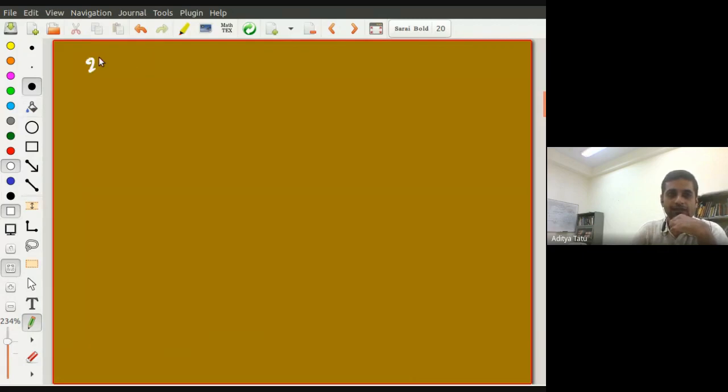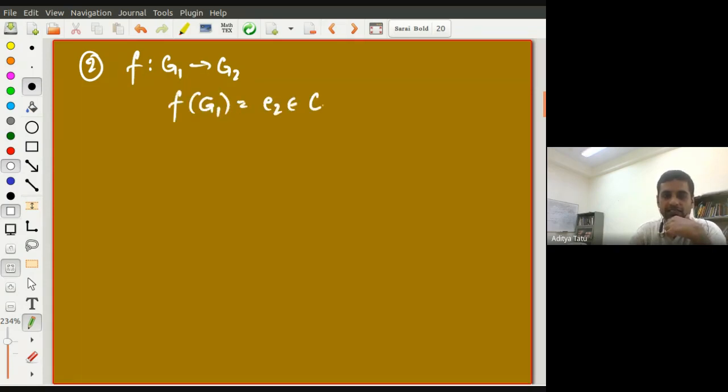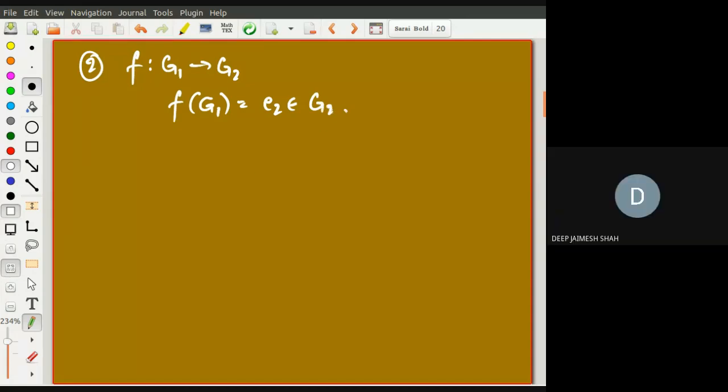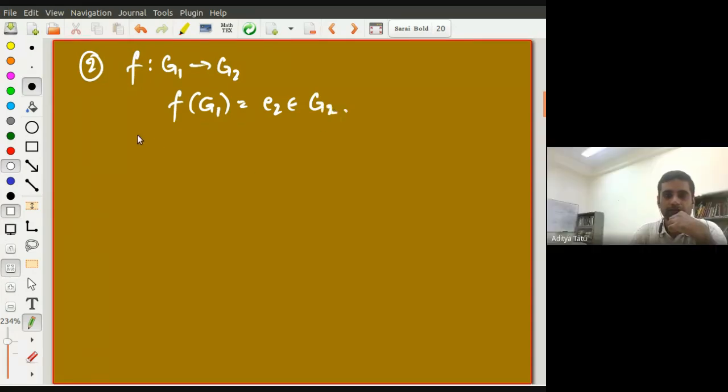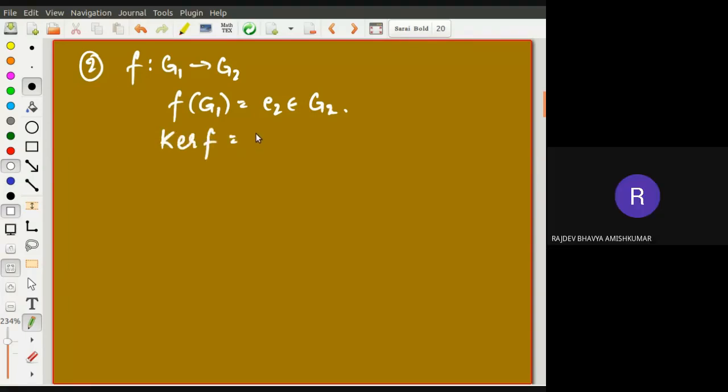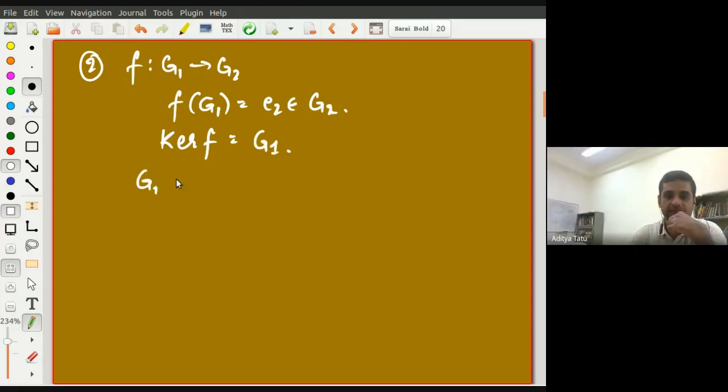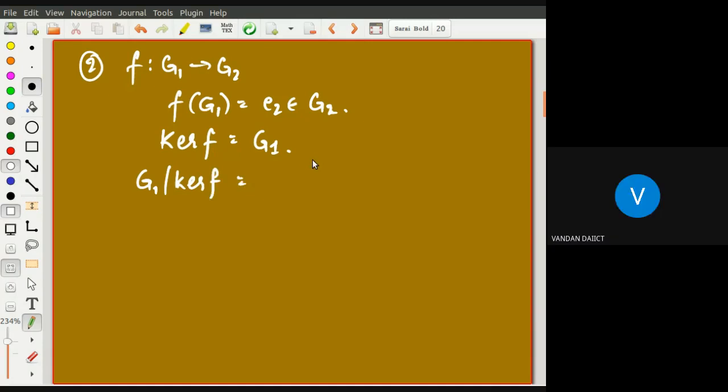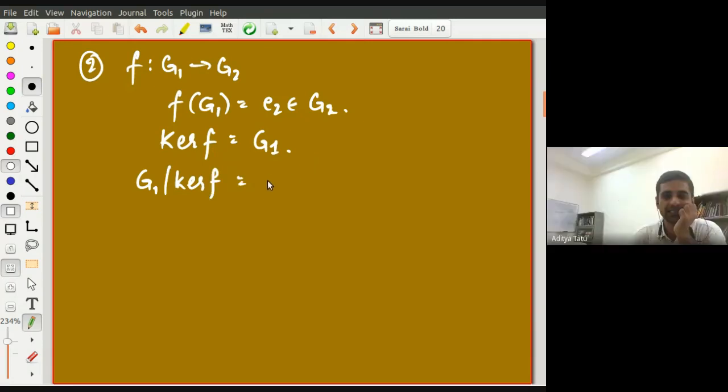Let F be a map from G1 to G2 and F of G1, let's say, is E2, right? The identity element in G2. In this case, what is the kernel? G1. Then G1 quotient group kernel F would be the identity element?